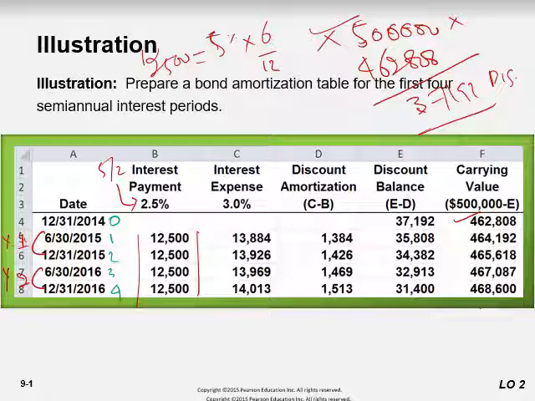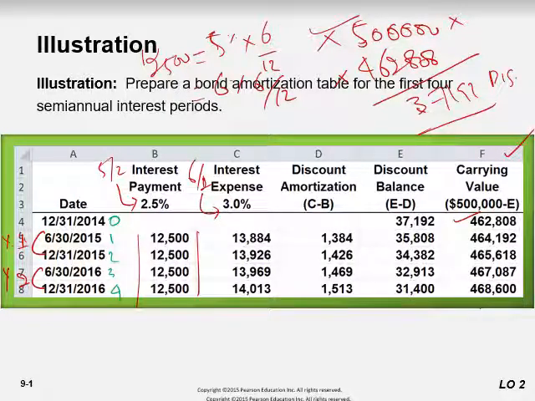Now the interest expense is based on the market value, or bond value. So what is the bond value right now? Bond value right now is 462,808. So multiply, and this is 6%. So 6% multiplied by 6 by 12, the answer is 3%.